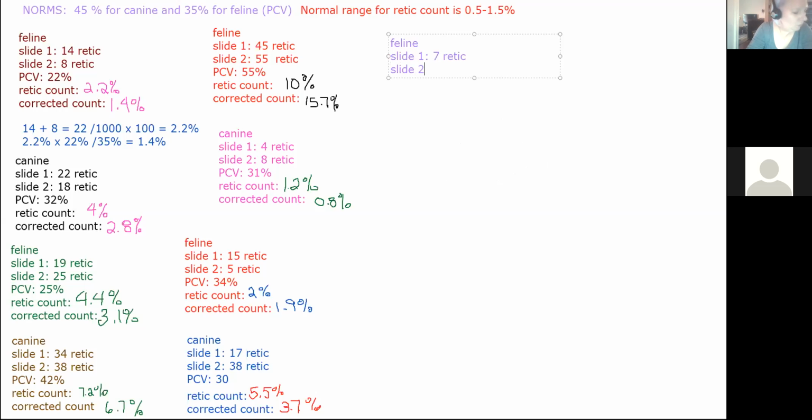Slide 2, 45. PCV is 44%. So retic count, corrected count.